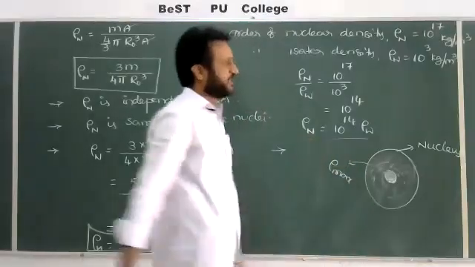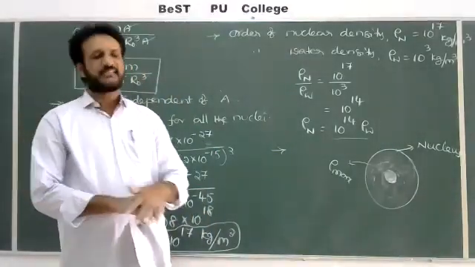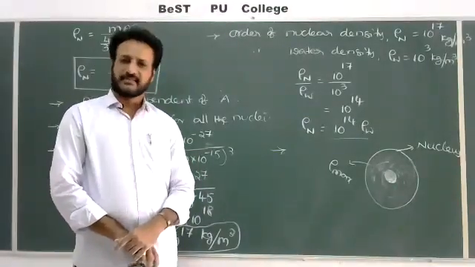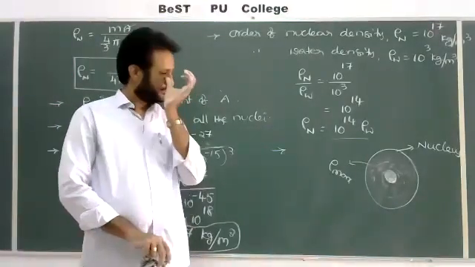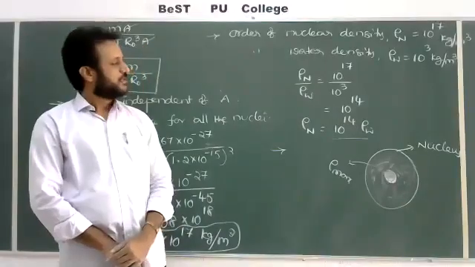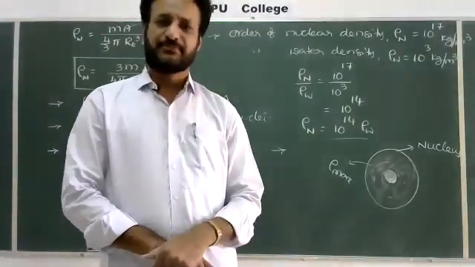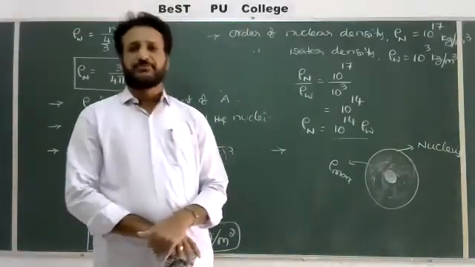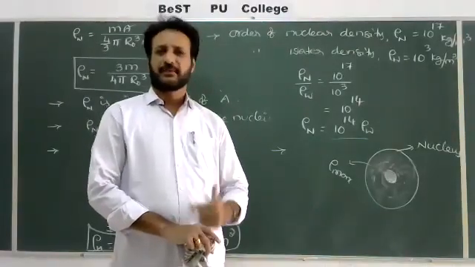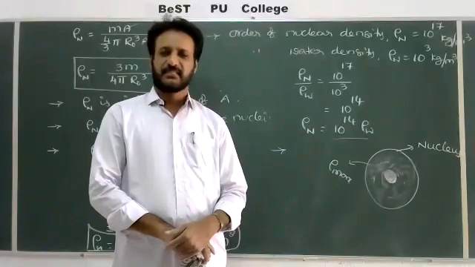So here we can write: nuclear density is a maximum at its center, and gradually decreases if we are going away from the center of the nucleus.